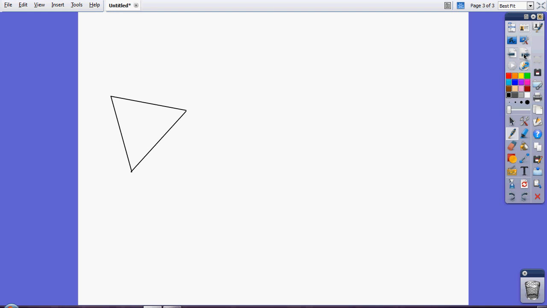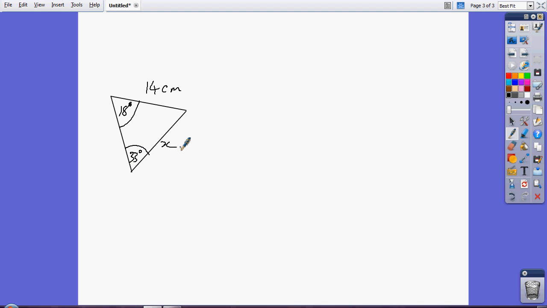Okay, let's look at another example. In this example we have a triangle and we are told that this side is 14 centimetres, this angle is 18 degrees, and this angle here is 33 degrees, and we're wanting to find this side.